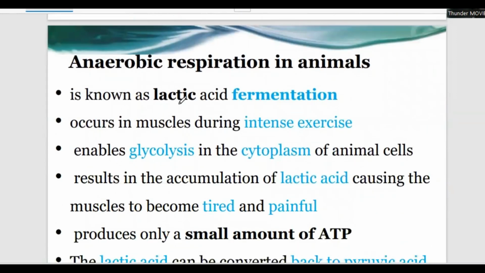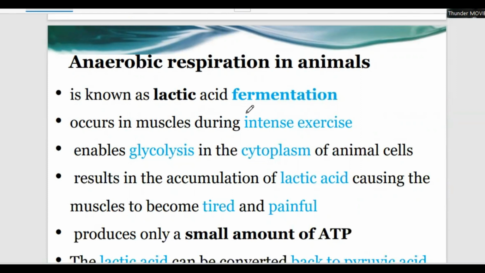It is known as lactic acid fermentation, meaning that you produce lactic acid. If you run today and tomorrow you have painful muscles, it means that lactic acid accumulated there.